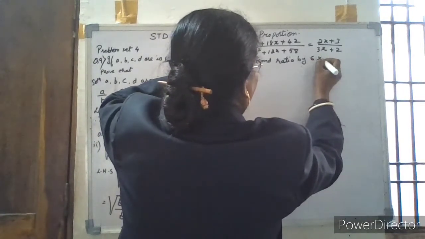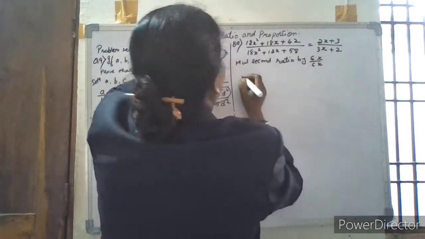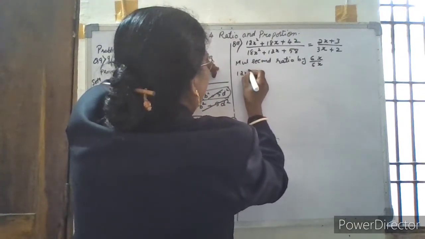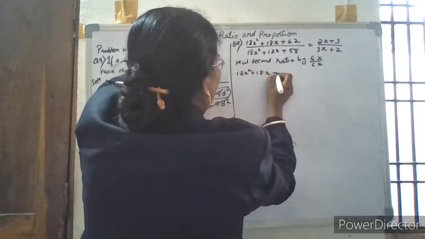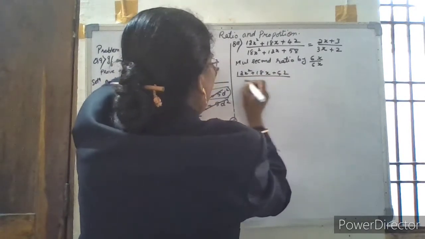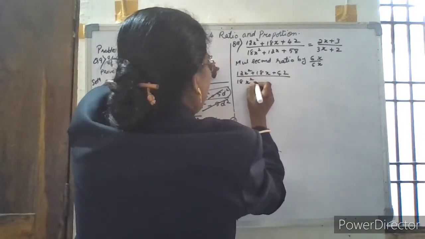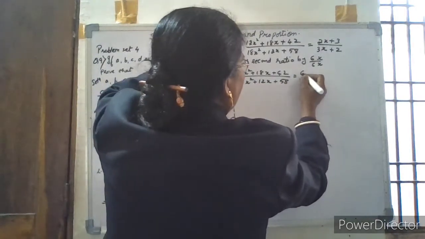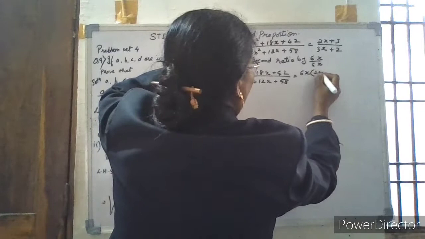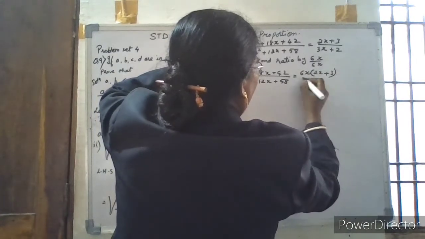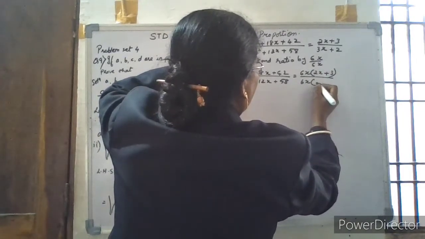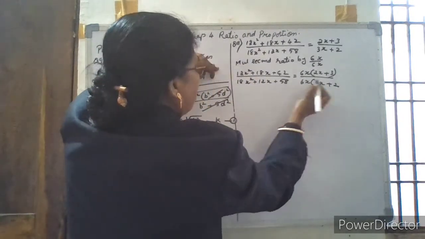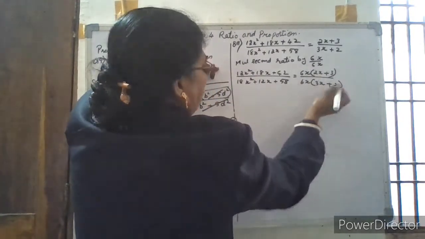6x by 6x. So this first ratio will remain as it is, (12x² + 18x + 42)/(18x² + 12x + 58) is equal to 6x(2x + 3)/6x(3x + 2). So I will get this, open this bracket.